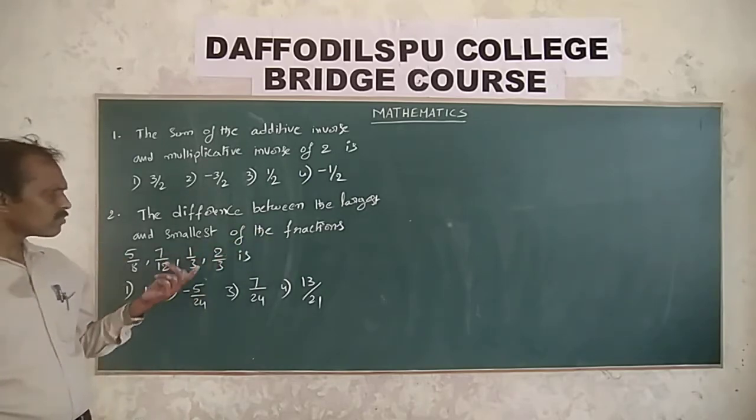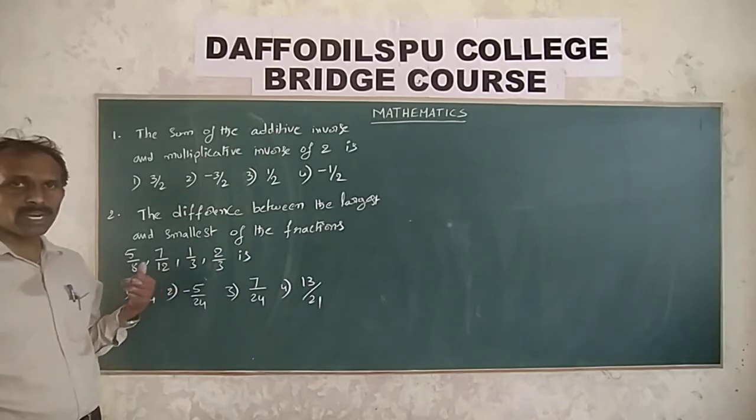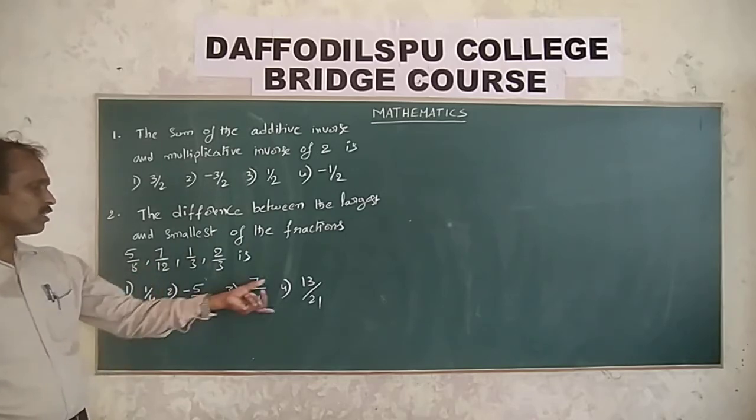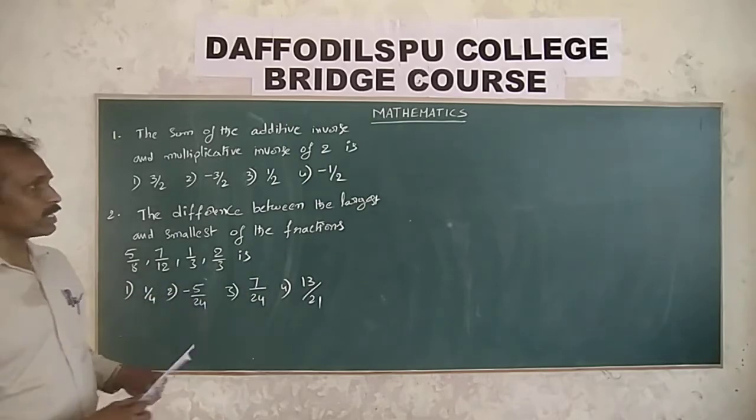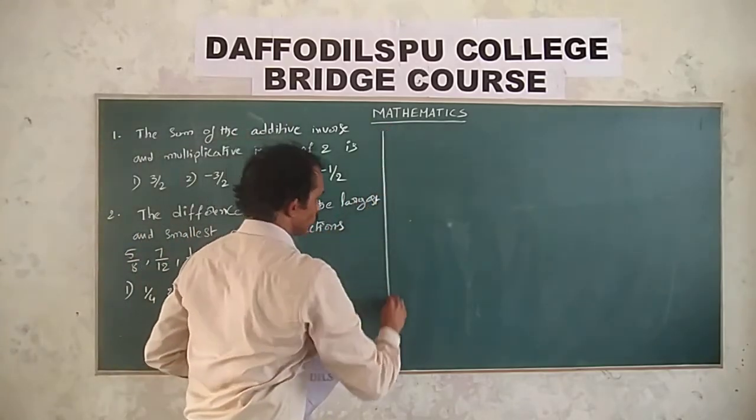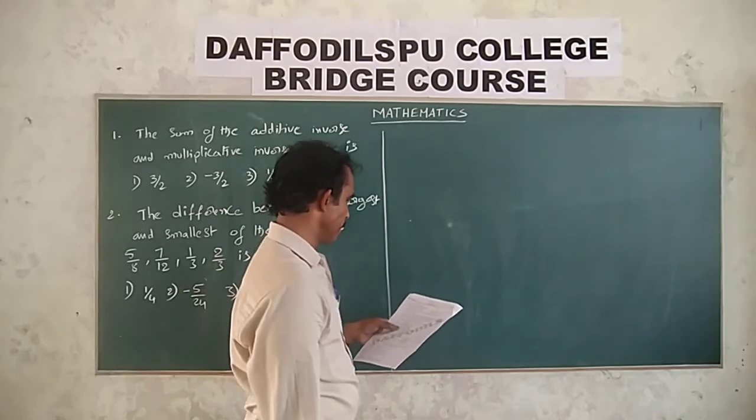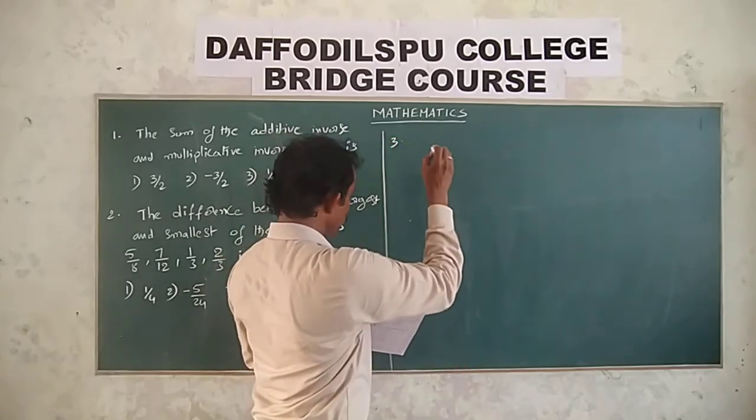Afterwards, find the difference between the largest number and the smallest number. Out of these options, we will get the third one.